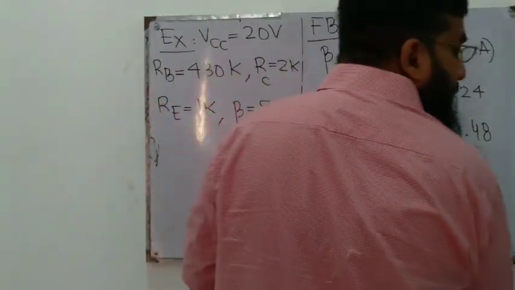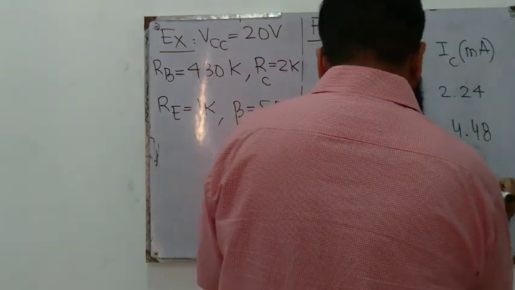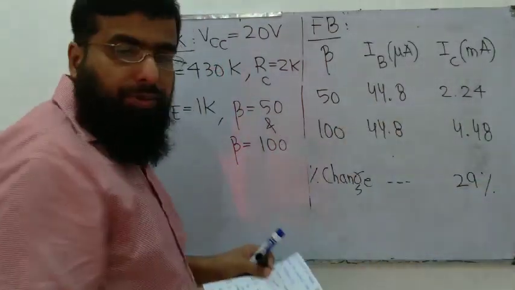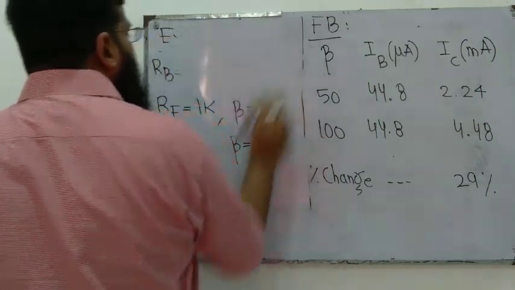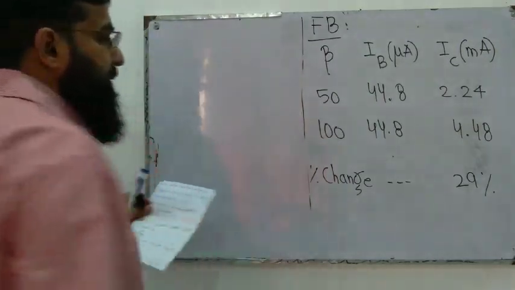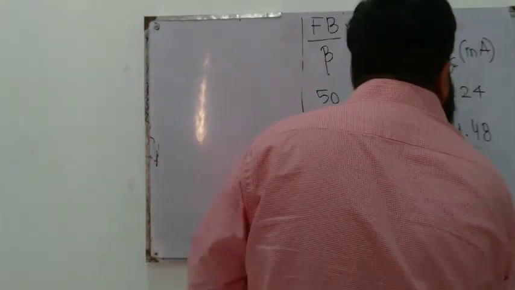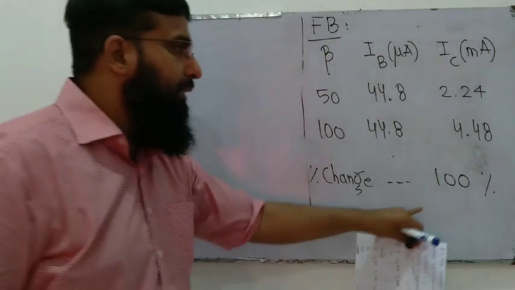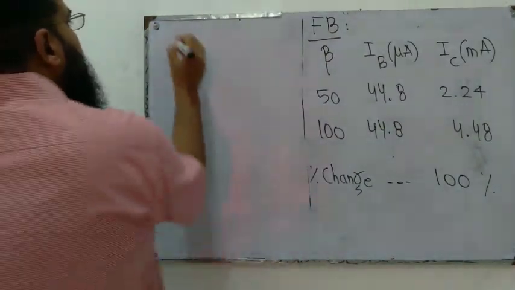Sorry, from 2.24 to 4.48 there is a 100% increase in IC for the fixed bias circuit.